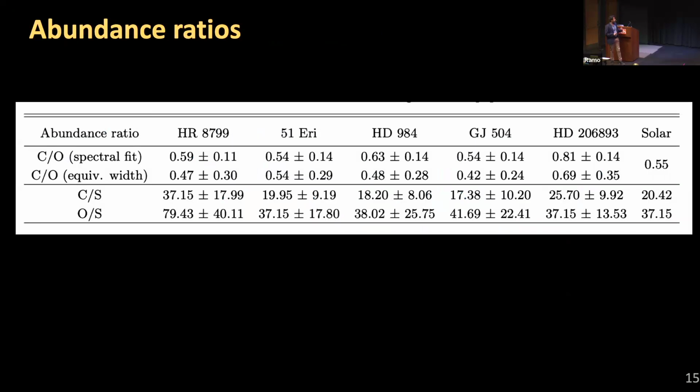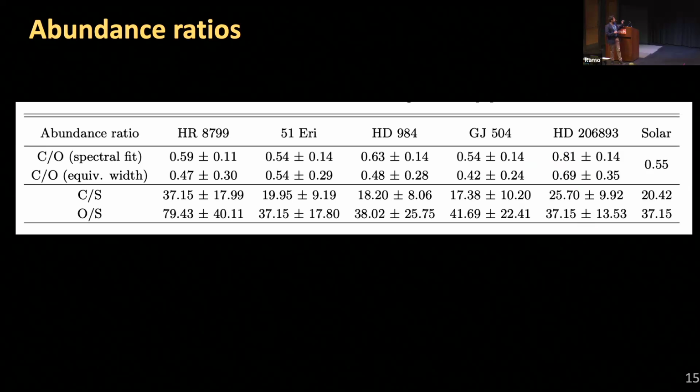If we look at the C/O ratios, as well as the carbon to sulfur and oxygen to sulfur ratios for all 5 targets, for spectral fitting C/O we see broadly solar compositions, except for HD206893, as I highlighted earlier. With equivalent width, it's broadly solar. And carbon to sulfur and oxygen to sulfur are also broadly solar in general.